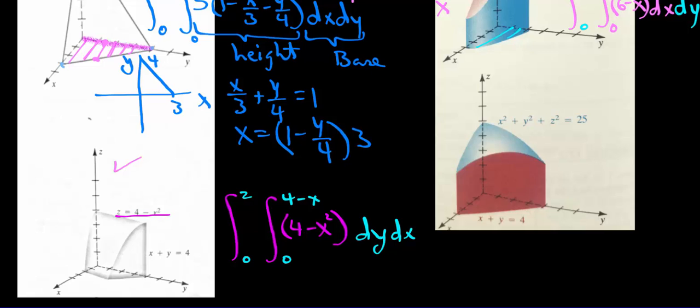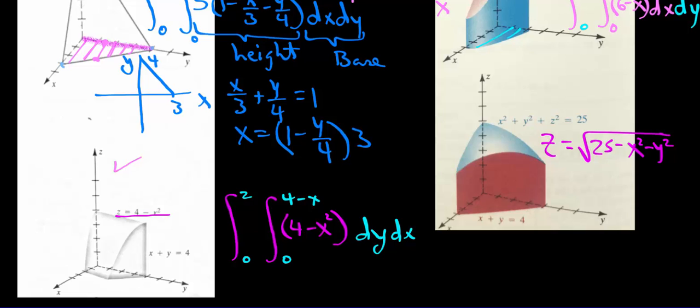So you picture yourself inside this thing and you look up. There is only one roof. It's this surface here that is z equals the square root of 25 minus x squared minus y squared. See, I just went ahead and solved for z.